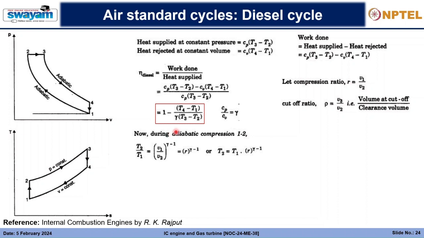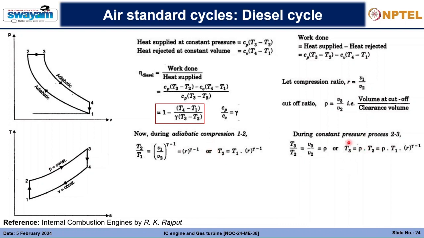We will use the adiabatic thermodynamic expression. This is the expression for the adiabatic process, T2 by T1 equals V1 by V2 to the power gamma minus 1. V1 by V2 is the compression ratio R, and accordingly we get a very simplified term. Then T3 in process 2 to 3, which is a constant pressure process, and accordingly we get the value of T3.